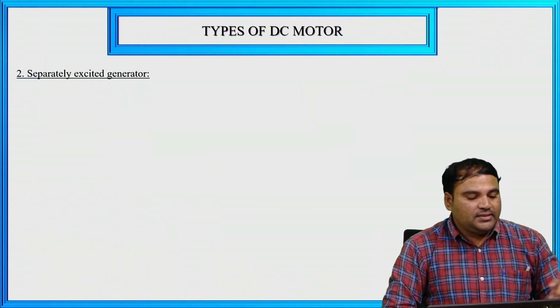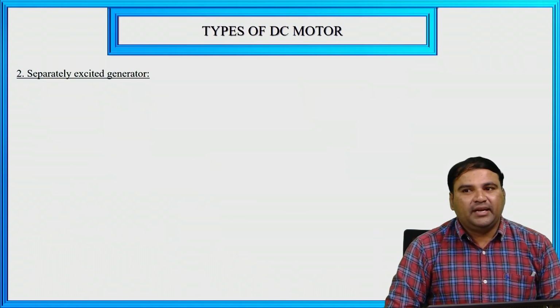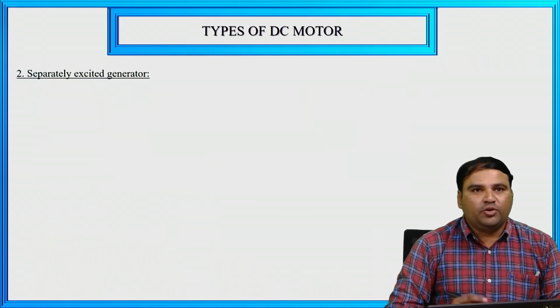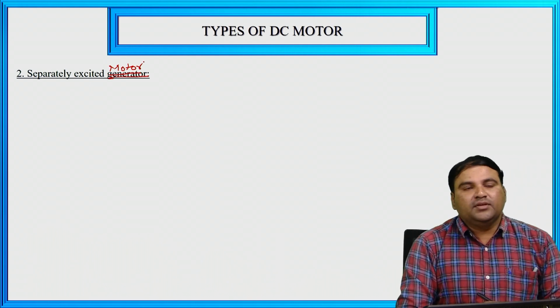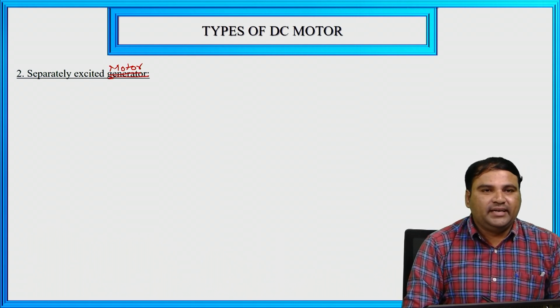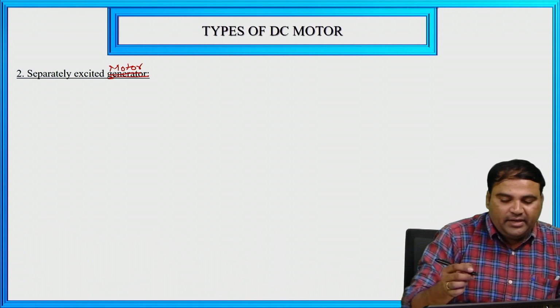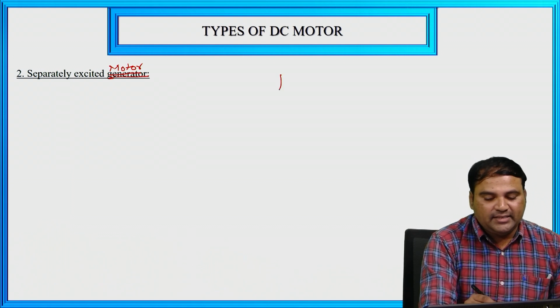And next, the second main type is the separately excited DC motor. So this is the separately excited DC motor. For the separately excited DC motor, we need to give a separate DC supply here.